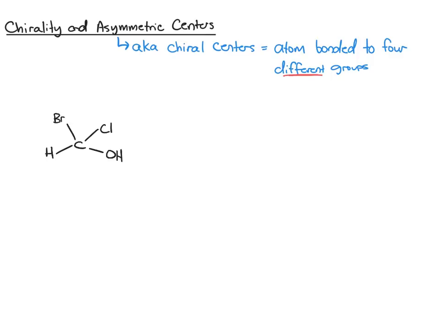If we look at the groups around the carbon, you have a hydrogen, an OH, a Cl, and a Br. Those are, of course, 4 different things. So that particular carbon is bonded to 4 different groups. That's a chiral center. And we often denote that with an asterisk on the atom.